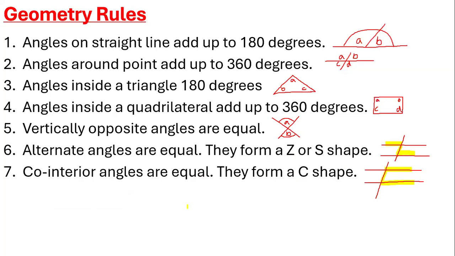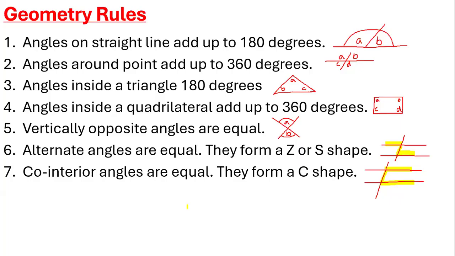All right, good. Any questions on these rules that we have? Chai, where's Chai? Chai, can you read the first rule for me? Angles on a straight line add up to 180 degrees.